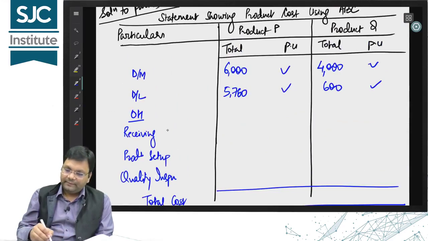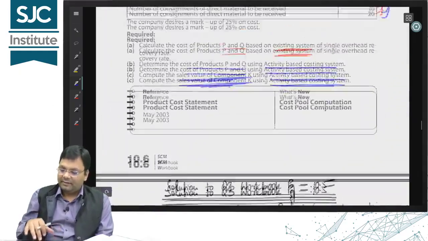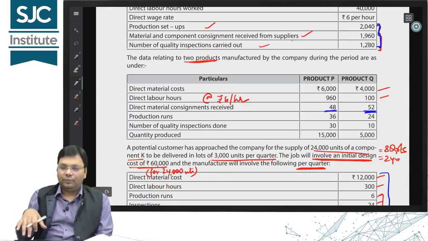So for receiving, the rate is 275.89, and this needs to be multiplied with the number of consignments for product P, which you will see in the next table. For product P, number of consignments received is 48, and for Q it is 52.